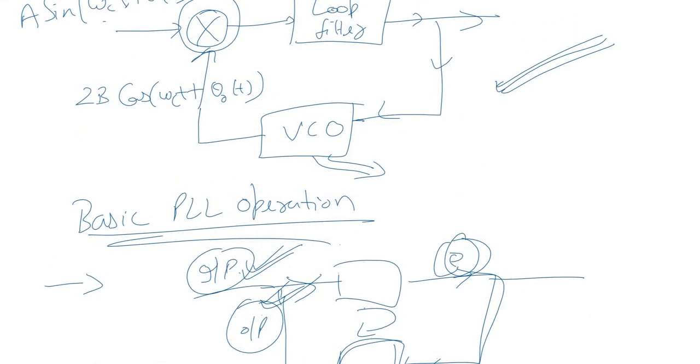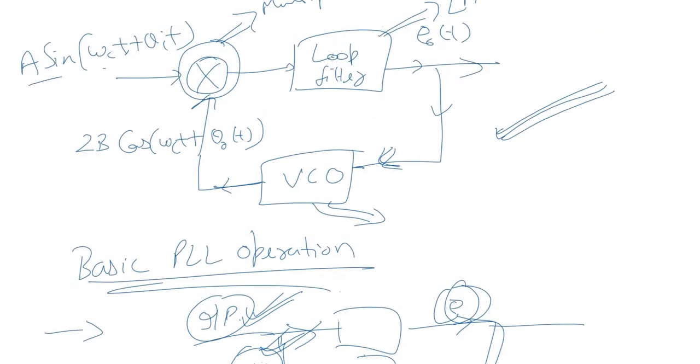So this VCO, depending on the given input, changes the frequency of the output signal so that the frequency and phase of this input signal is being tracked.